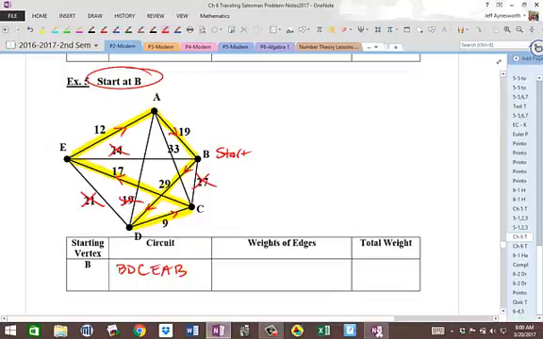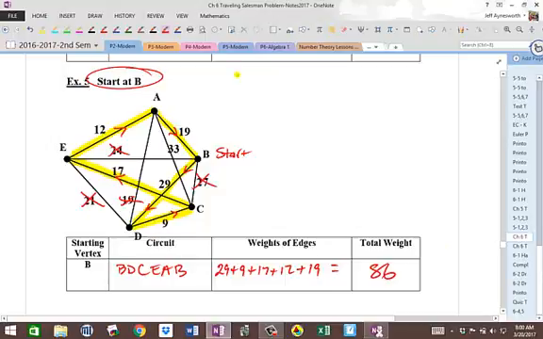So 29 plus 9 plus 17 plus EA, which is 12, plus 19. If you add those up, my friends, you're going to get a total weight of 86.